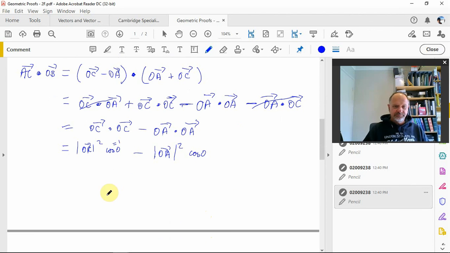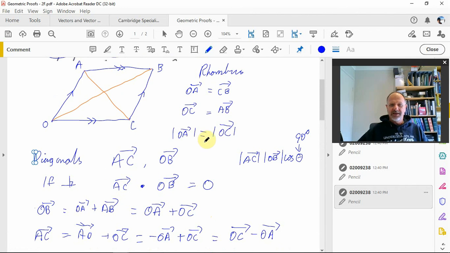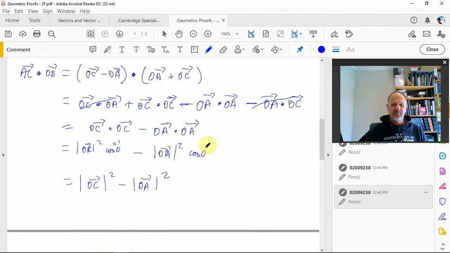So we've got the magnitude of OC squared minus the magnitude of OA squared, and because it's a rhombus, we know that the magnitude of OA and the magnitude of OC, this length and this length, they're the same.